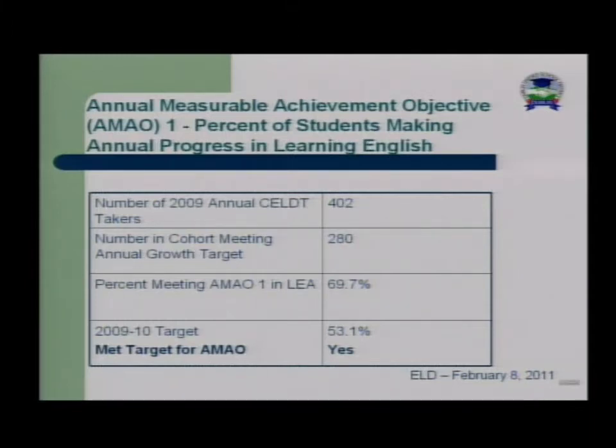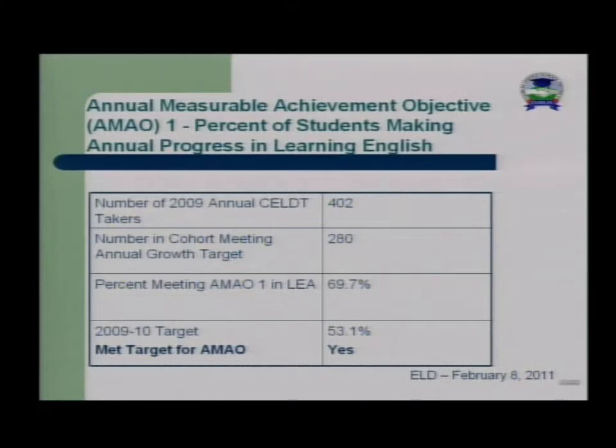So I'm going to introduce another acronym here, and that's called an AMAO, which is an Annual Measurable Achievement Objective. There are three that we have here, and the first AMAO reflects the percentage of EL students making annual progress on the California English Language Development Test, also known as CELDT.